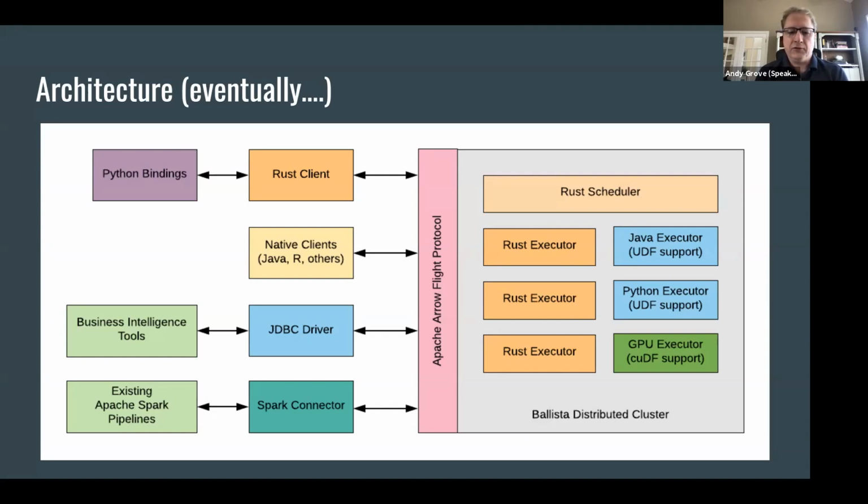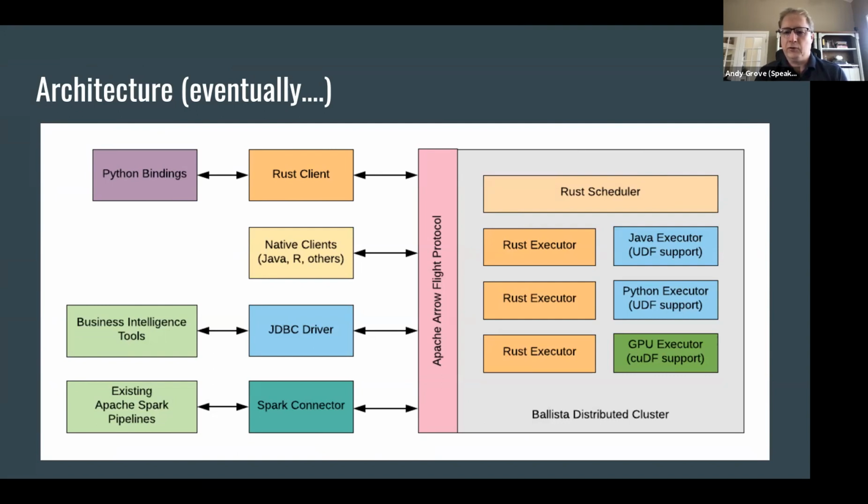One thing I was very careful about in building this is that, even though I think Rust is a great language, I tried really hard not to make this Rust specific. Because of the use of the Flight protocol and also using Google protocol buffers for serializing query plans, the idea is that you can have clients and executors in any language and have them interoperate. This is really important if you want to have, for example, Java code or Python code as part of your pipeline.